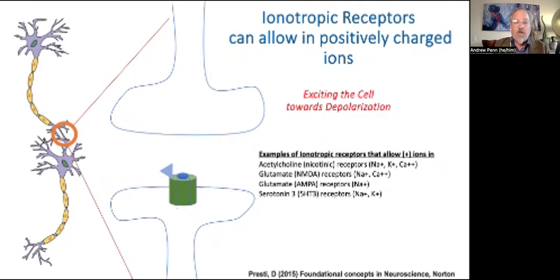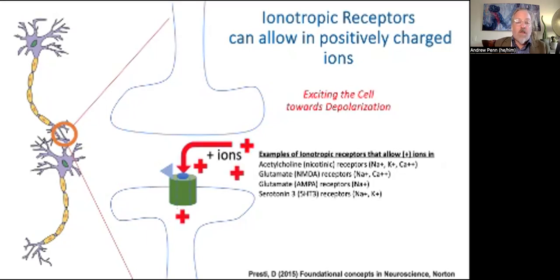Serotonin 3 receptors, which are common in the areas of the brainstem, the chemoreceptor trigger zone, are responsible for nausea and vomiting. So sometimes when we give somebody a drug that increases serotonin, like an SSRI, that extra serotonin activates those receptors as well, which may be one of the reasons why we get nausea. That receptor, by the way, is also a receptor that we block with the drug ondansetron, or Zofran.